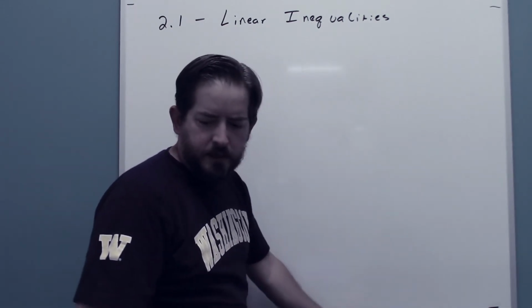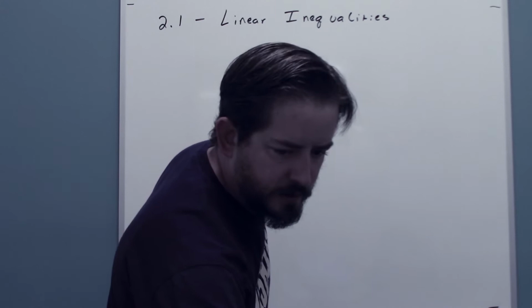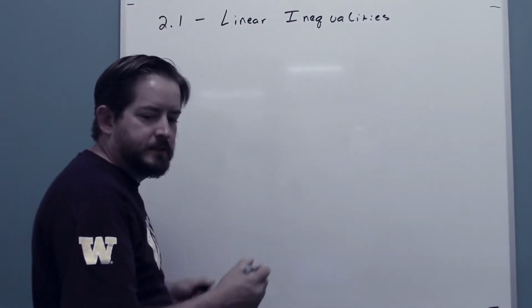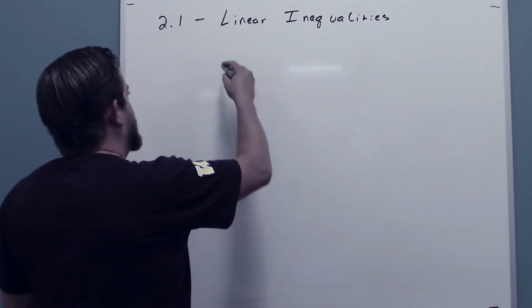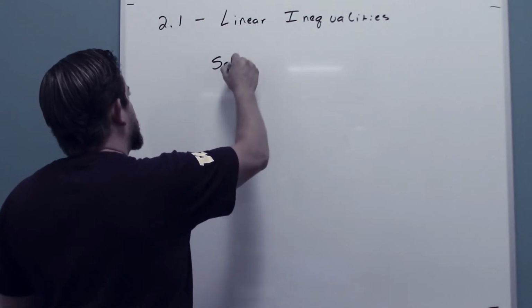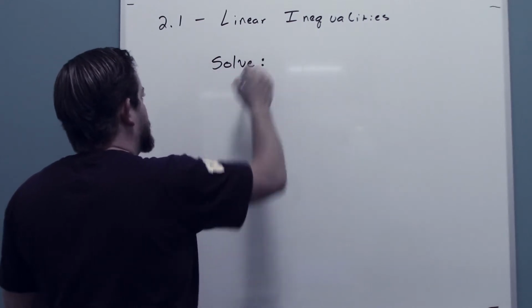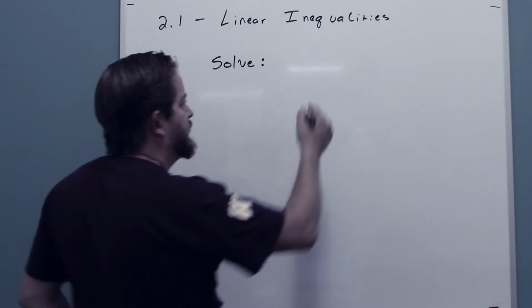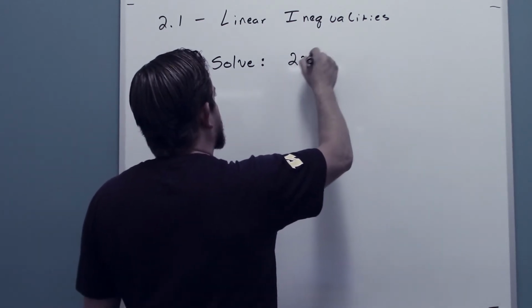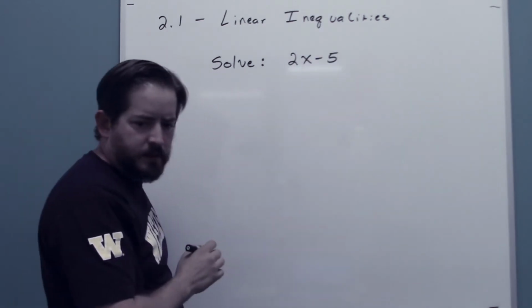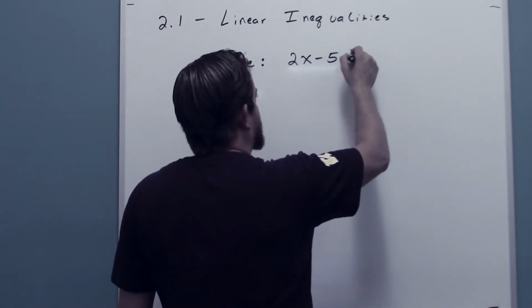Let's look at number 6, was asked in both classes. We're asked to solve the inequality. And we have 2x minus 5 is greater than or equal to 3.